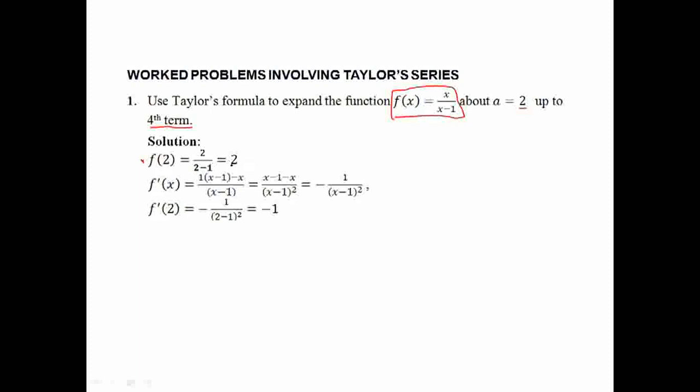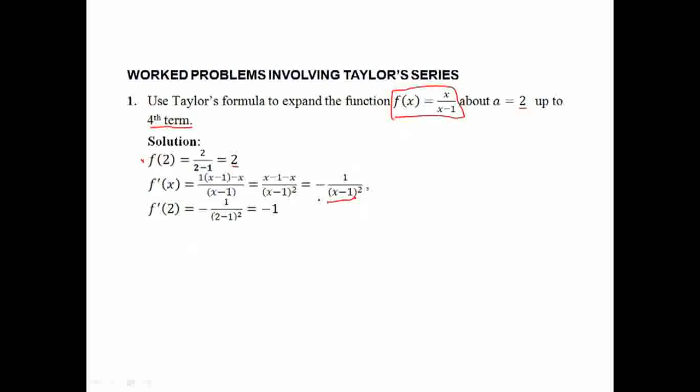So this is the first term. Then the second is finding the differential coefficient of this function. If you differentiate with respect to x, it will give us negative 1 over open bracket x minus 1 close bracket raised to the power 2. So this is the first differential coefficient of the function.